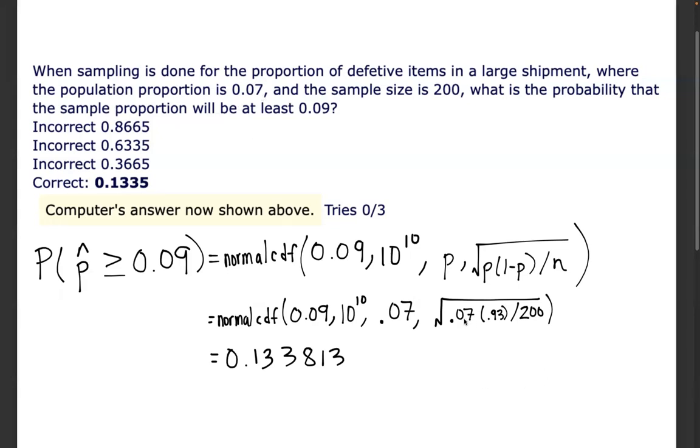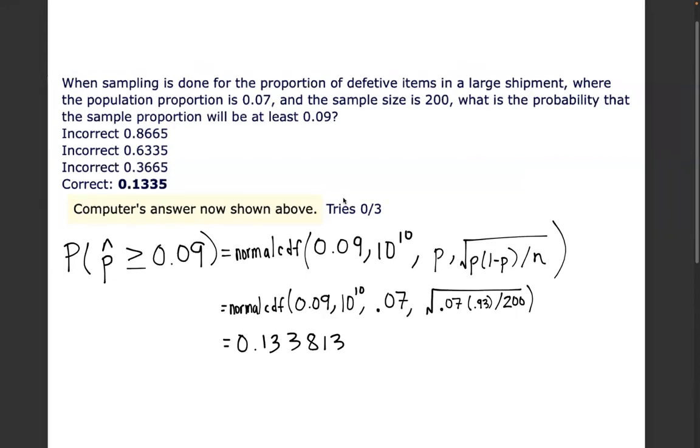And then here we would have 0.07 times, and then 1 minus P is 0.93. And our sample size is 200. So that equals 0.133. My calculator said 813, but my calculator sometimes automatically rounds more than I want it to. But it's the closest option to what is correct, which is 0.1335.